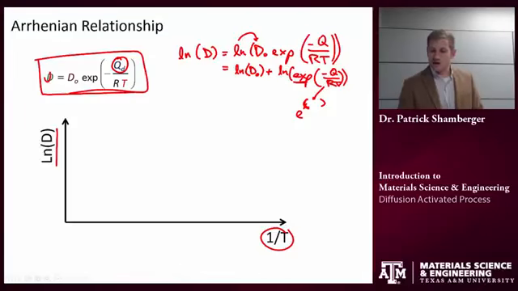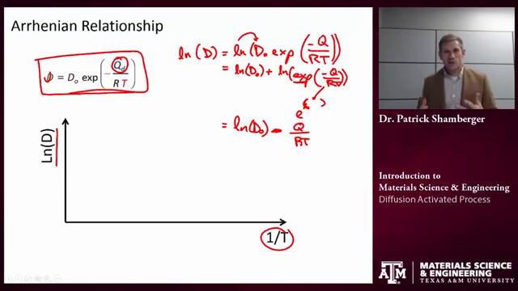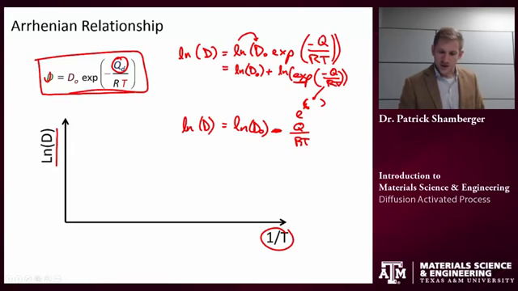So the natural log of the exponential of something simply equals the something. So if you're not familiar with this, go back and brush up on your exponential and log mathematical rules. But this results in the following relationship.